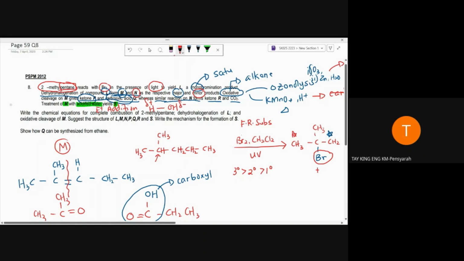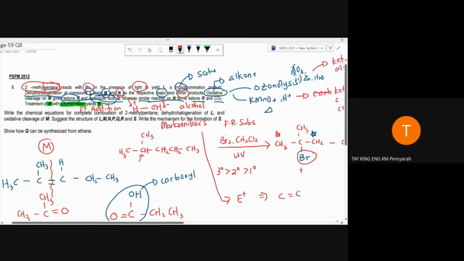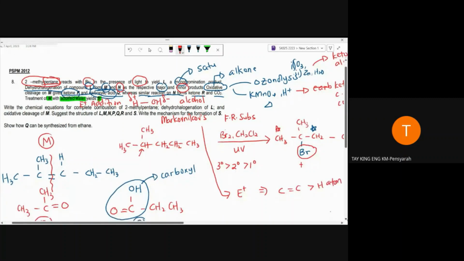Dan dia akan hasilkan alkohol. Dan rules yang kita nak follow adalah Markovnikov rules. Okay, apa pula yang Markovnikov rule bagi tahu? Electrophile kena attach kepada carbon-carbon double bond dekat carbon double bond ini yang ada more hydrogen atom.